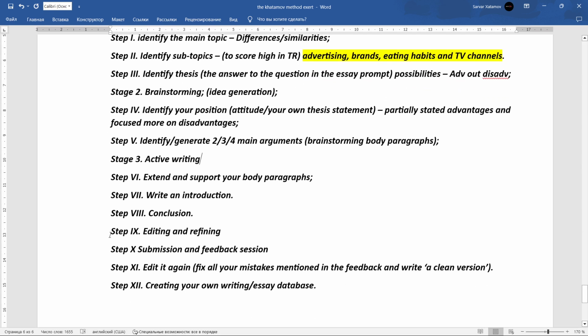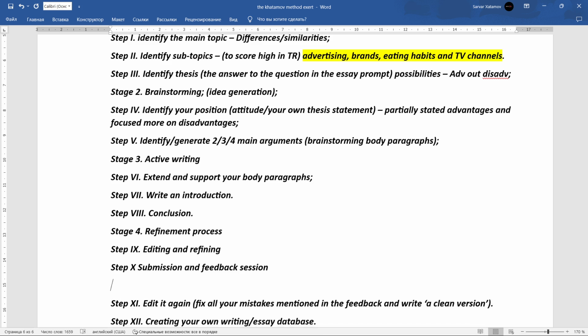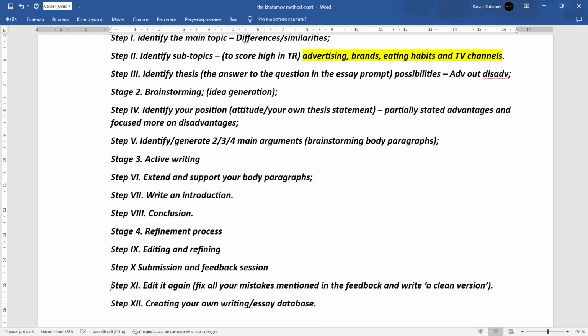So, conclusion. This is stage four, the refinement process, right? I could just make it stage five, but I don't really want to, because it's just the refinement process and it's part of it.